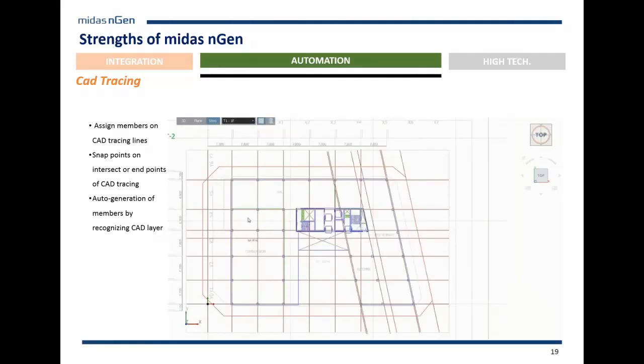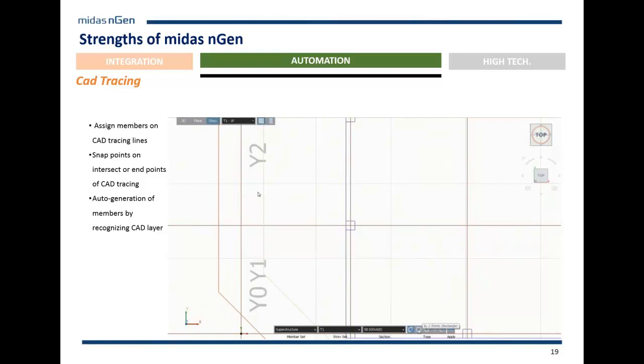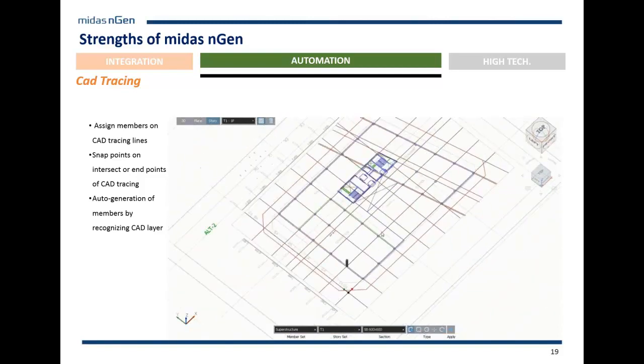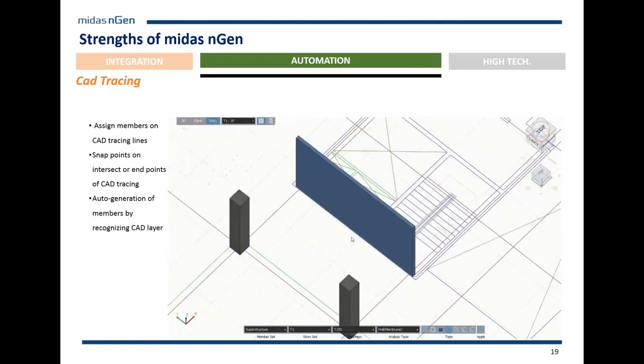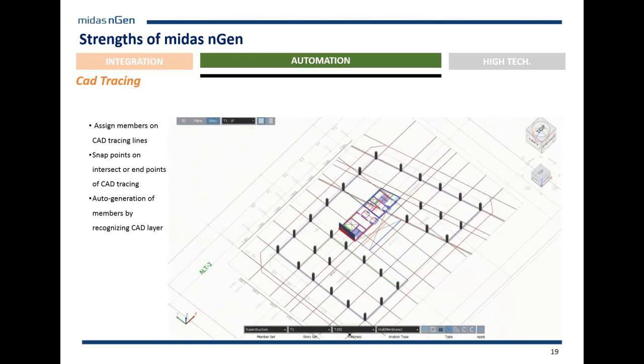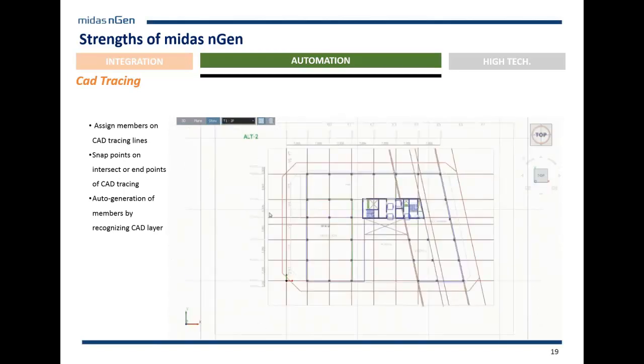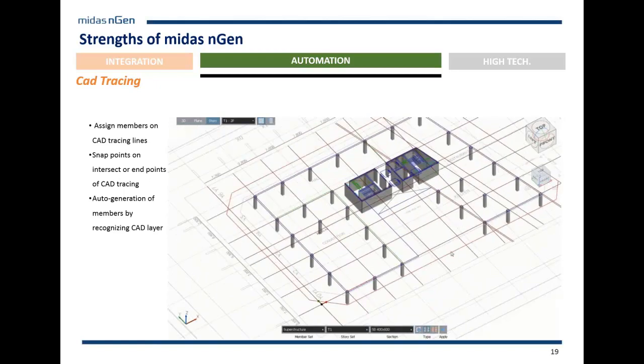Let's firstly look at the CAD Tracing tool. So you import your architectural drawing and then you trace all the columns. You can trace the walls as well. And further you can go ahead and trace the beams.